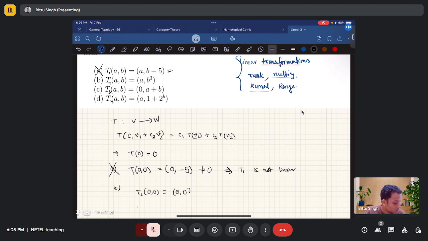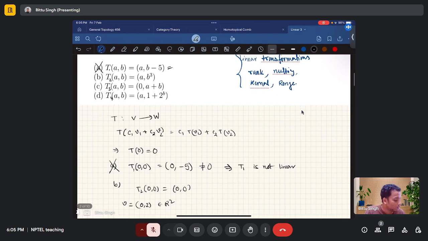Suppose 0 comma 2 belongs to R2. Let V be this. Now if we apply T2 of V, which is 0 comma 2 cubed, it is 0 comma 8 by this formula.